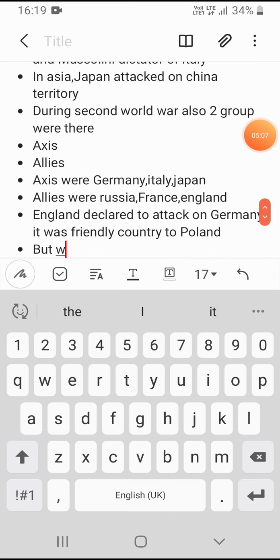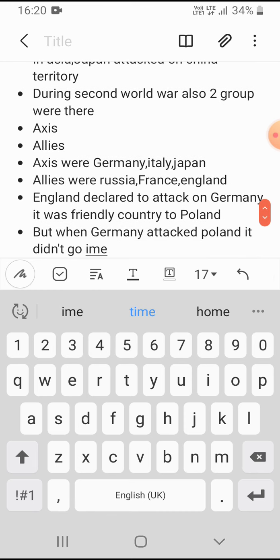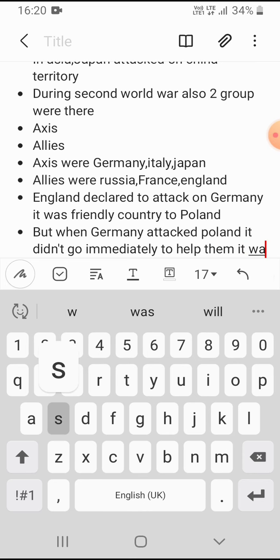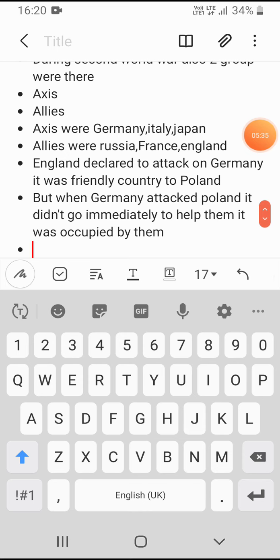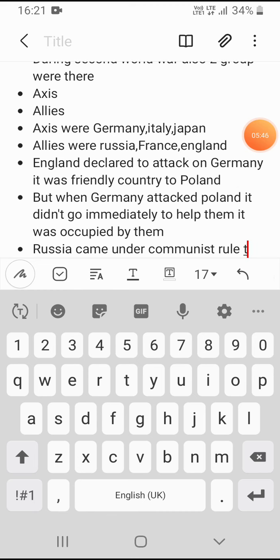But when Germany attacked Poland, Russia did not go immediately to help them, and Poland was occupied. Russia came under communist rule.